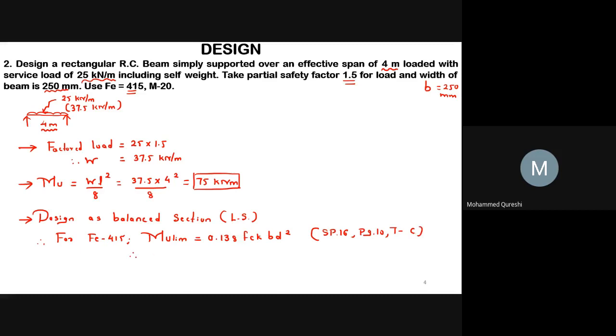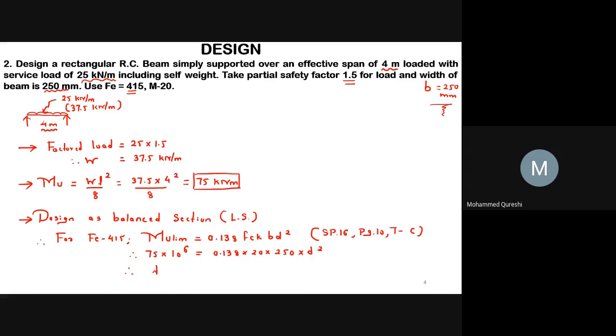So after putting all these values, 75 kilonewton into meter, and we have to input the values in terms of newton and millimeter. So 75 into 10 raised to 6 equals to 0.138 into value of FCK is 20 into value of B is given as 250 mm. So your B will be 250 into D square as it is.